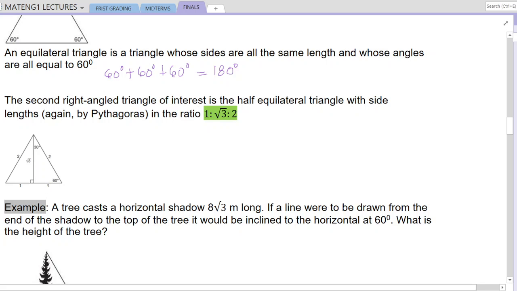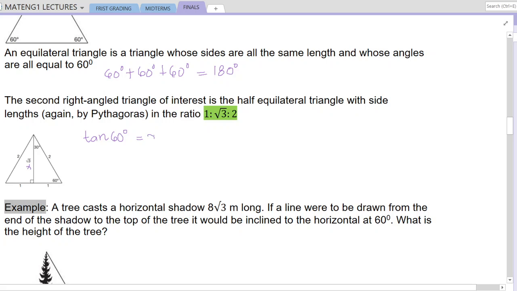To get the value of the square root of 3 there, we use the trigonometric ratio, let's say tangent. Tangent of 60 degrees is equal to, let's say, square root of 3, which we denote as x.